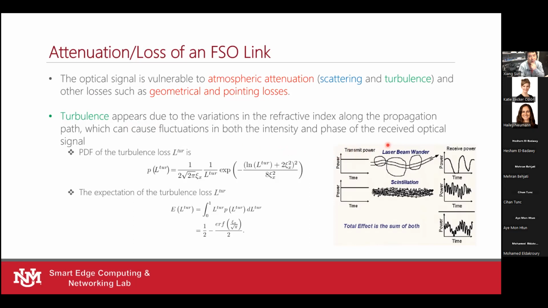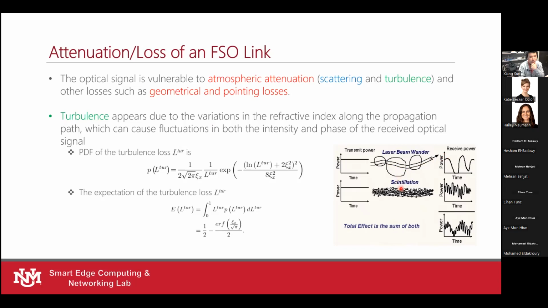So this variance of the refractive index will generate some eddies along the propagation path. If these eddies are large, for example, larger than the FSO beam size, then the FSO beam may deflect from the original path, which is the so-called beam wandering.